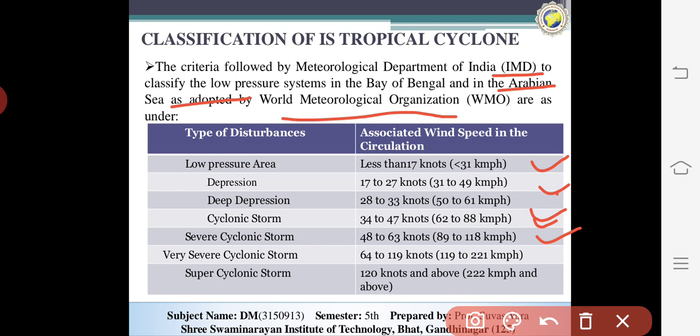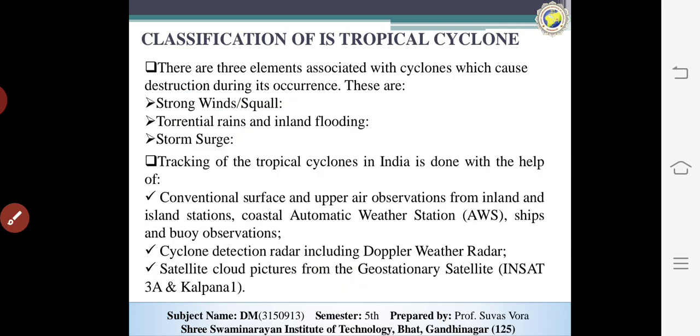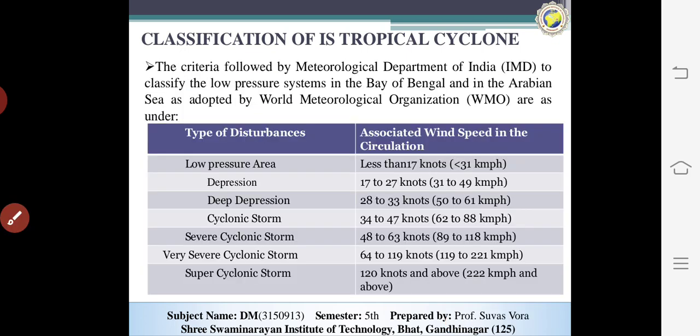Then very severe cyclonic storm is 64 to 119 knots, or the speed is 119 to 221 kilometers per hour. And super cyclone, we can say 120 knots and above, 222 kilometers per hour and above. So this is the basic table for the classification or measurement of cyclones. Now, classification of cyclones.